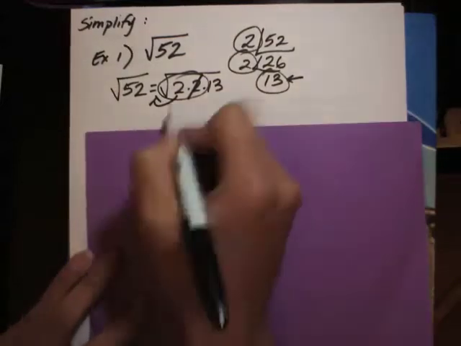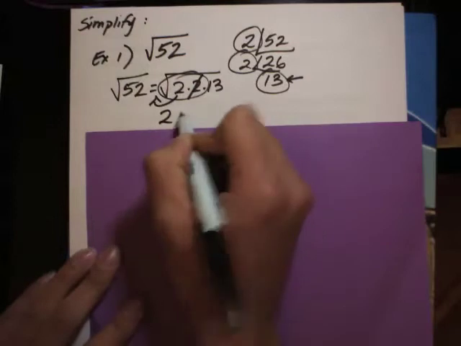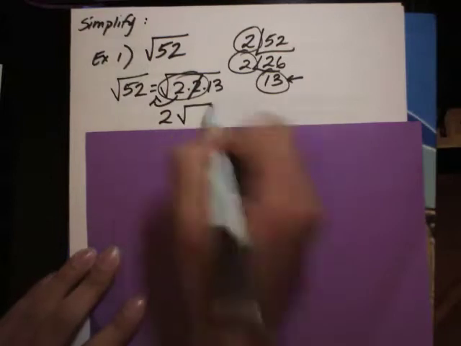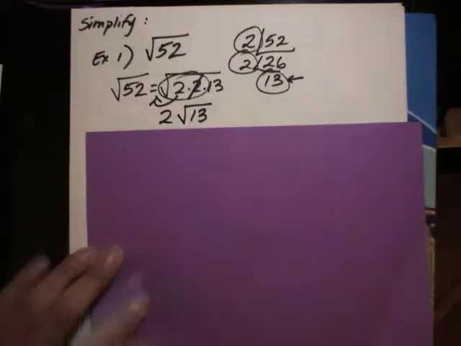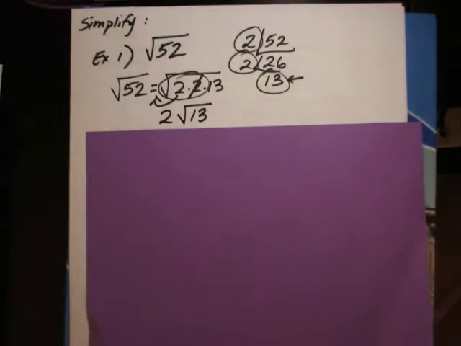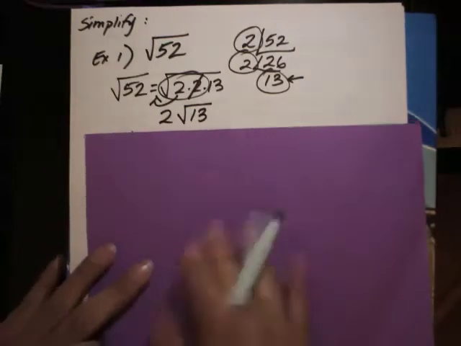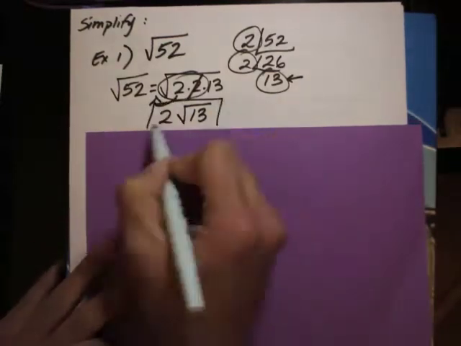Okay, so when you go outside, it's going to be multiplied to whatever is left inside the radical sign. In this case, it's the 13. So 13 doesn't have a pair. Okay, the only way you can get out from underneath the radical sign is if you have a twin. Okay, so this is the simplified answer.